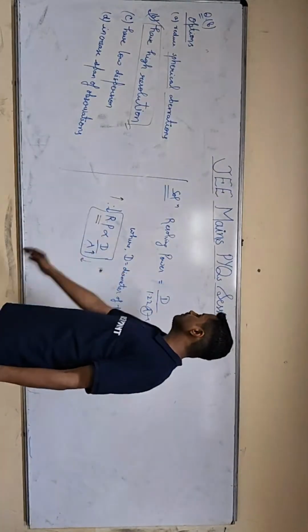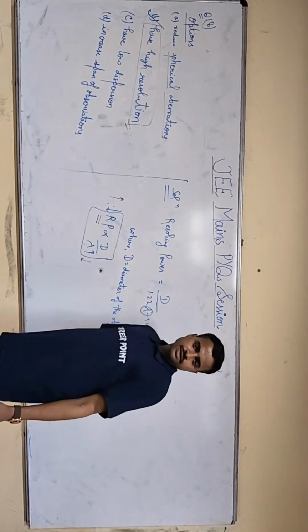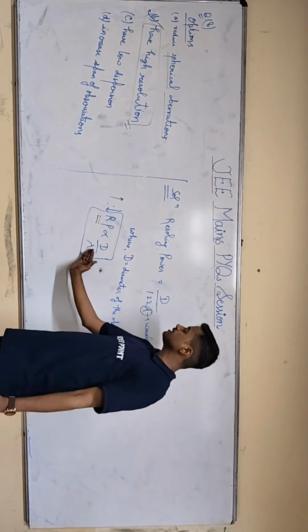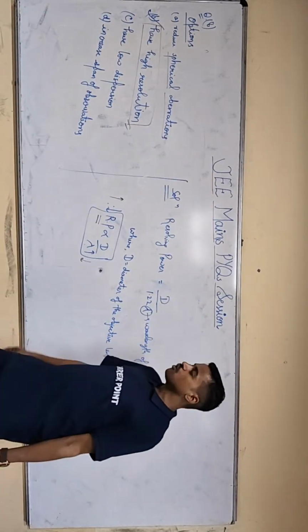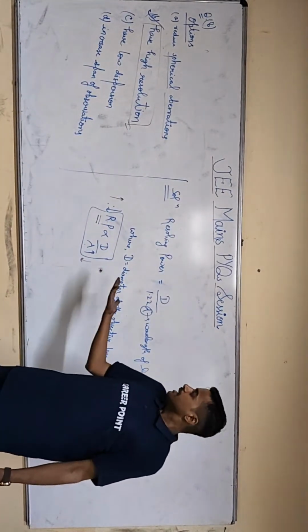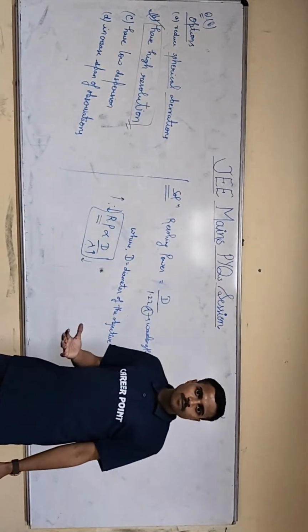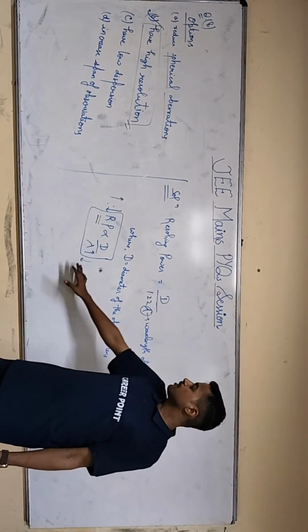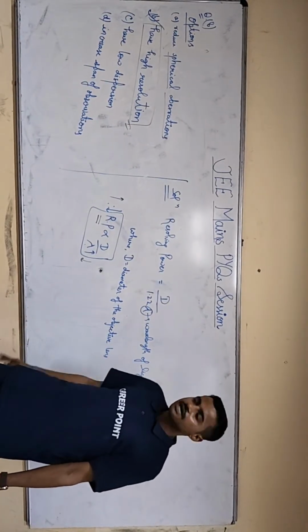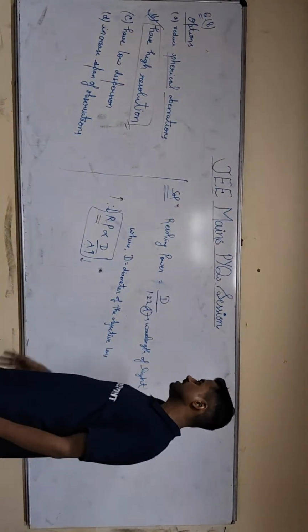According to the resolving power formula with 1.22 lambda, the resolving power is inversely proportional to lambda, the wavelength. If you increase the wavelength of light, the resolving power automatically decreases.